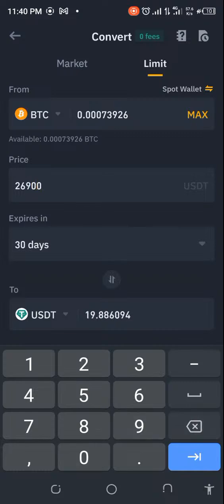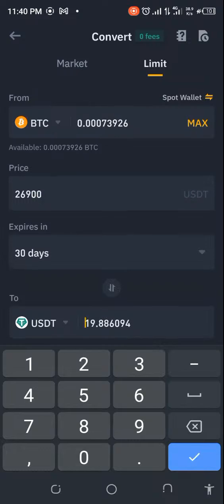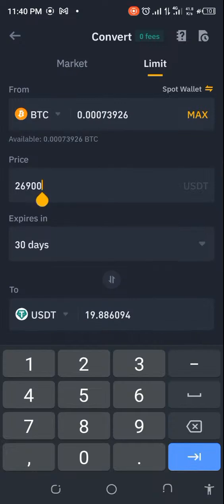See if I make it 26,900. What will I get? Okay, that's 20. It's looking so small. Okay, maybe we should make this 27,000. Let's see. Okay, if I choose this, this is going to be an extra 10 cents.